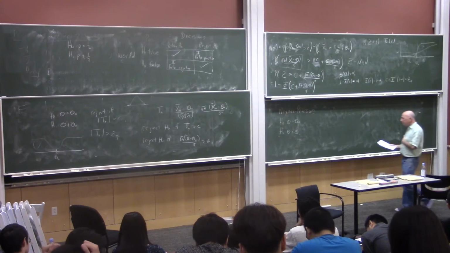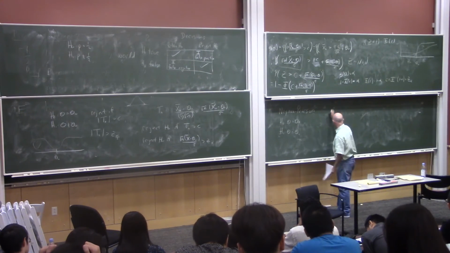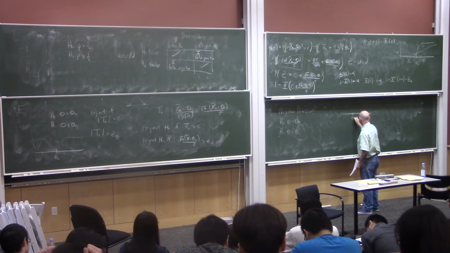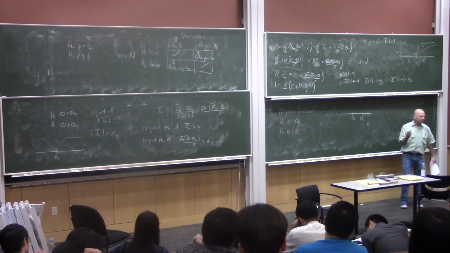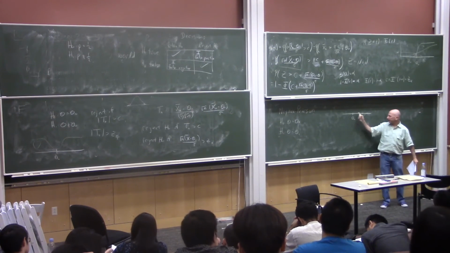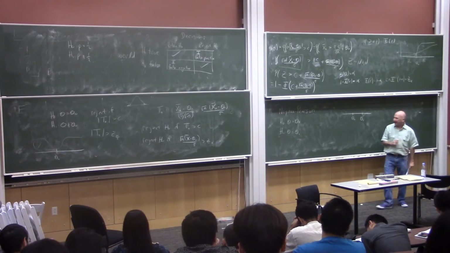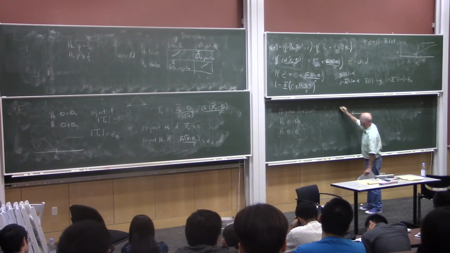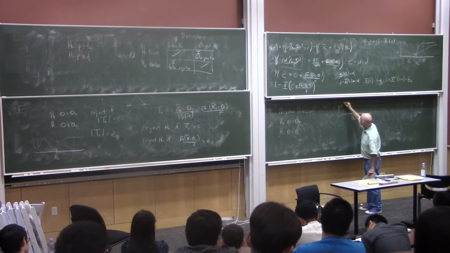So what I want to do is the following. Let's think about what the power function is going to look like. Well, there are only two values for the parameter, so I don't get a curve. There's only the power here and the power here. I want a level alpha test, so I'd like the height of the power function here to be alpha.